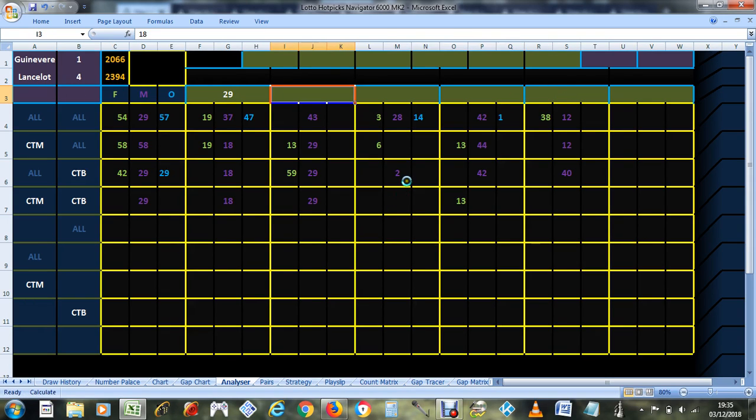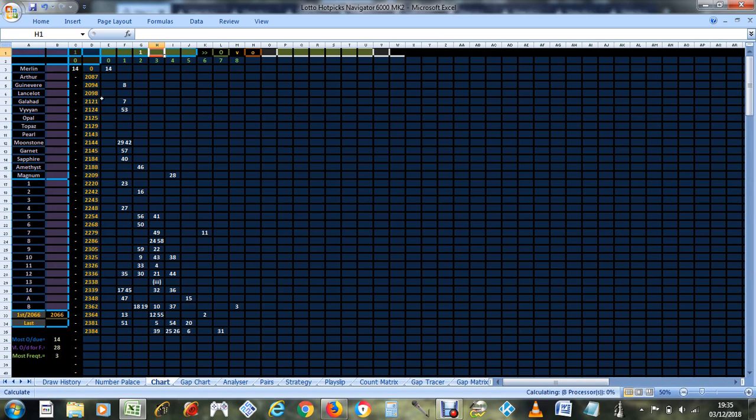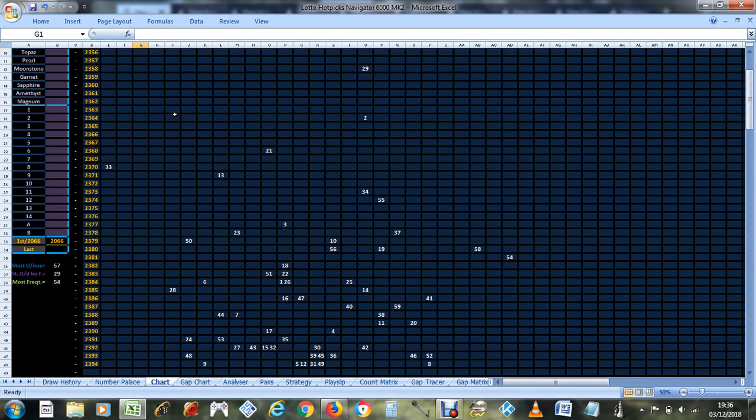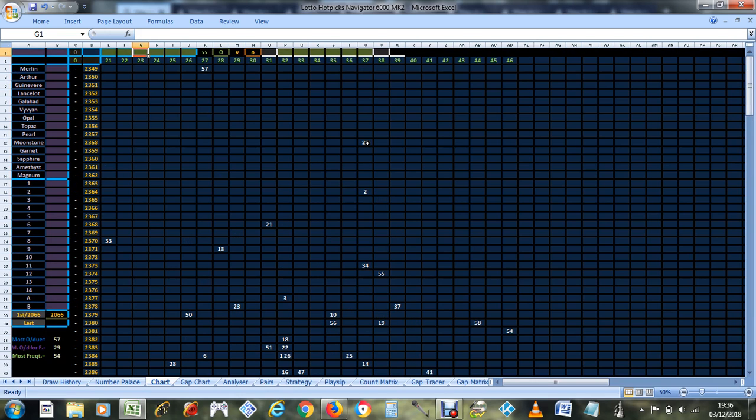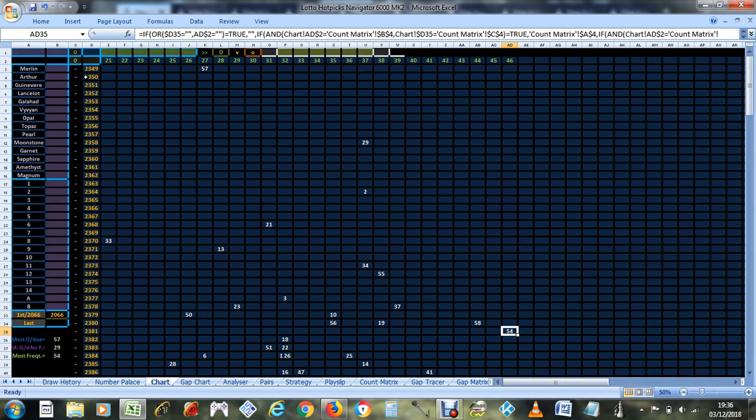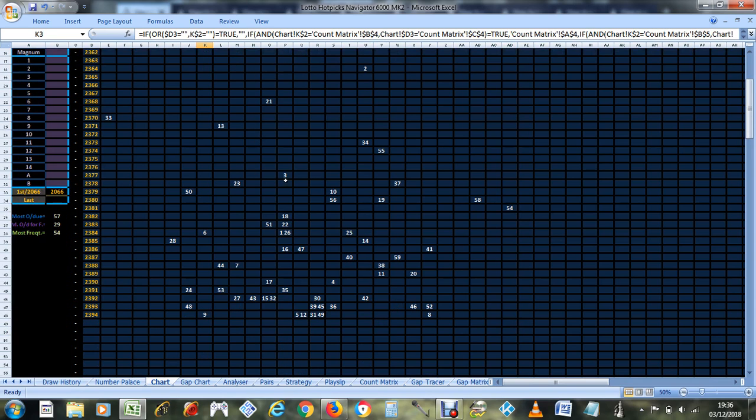So anyway, this is what the chart looks like now. So definitely want to go for 29. 29 and 18 for a good two number out pick. Got 54 most frequent, 57 most overdue.